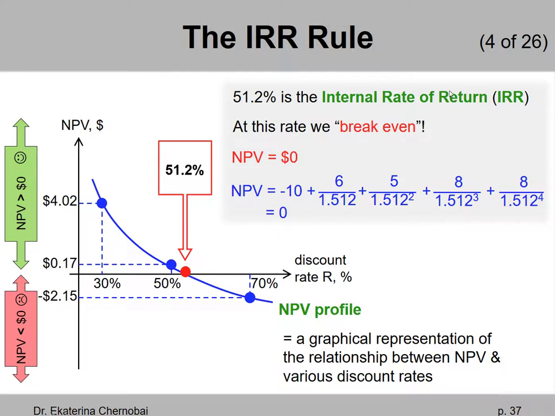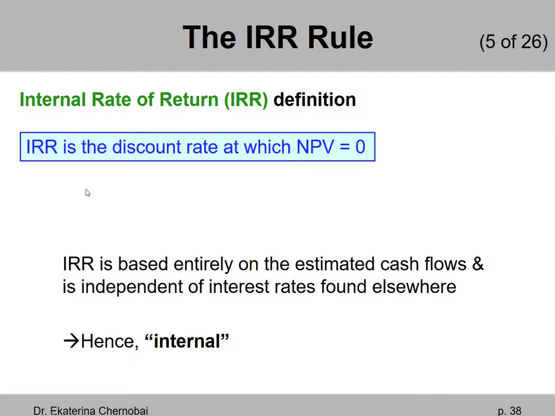Okay, so IRR is nothing but a discount rate, but it's a special discount rate. It's that discount rate at which, when you calculate the net present value, you get exactly $0. So at this rate, we break even. We make neither profit nor loss with our investment project. So the internal rate of return definition is: it's the discount rate at which the NPV equals 0.